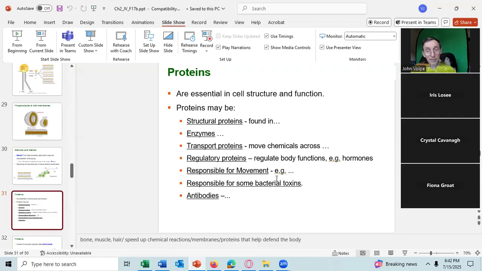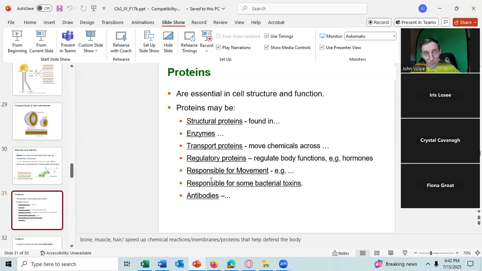Proteins can be responsible for movement. The reason why my hand is moving is because of the proteins in my arm, which are contracting to make the muscles move. In bacteria, if the cell can move, it is because of a protein, which is flagellin, which causes the flagella to beat.